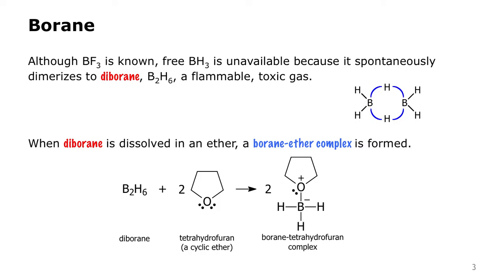Now, borane itself is actually a very complex substance. BF3 is known as a molecular compound, but free BH3, borane, is actually unavailable because it spontaneously dimerizes into a B2H6 compound.